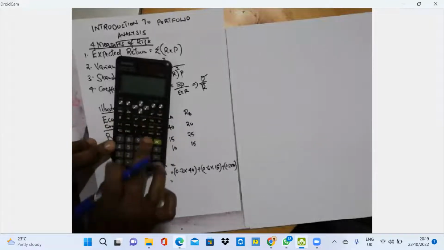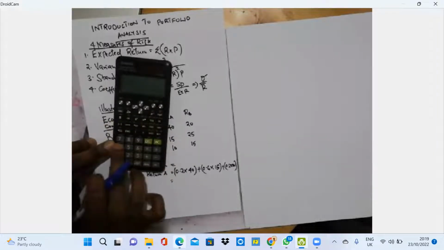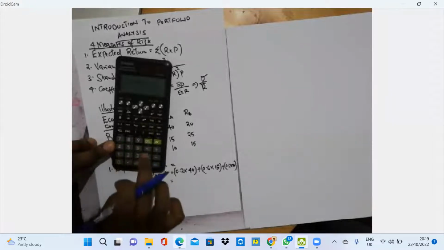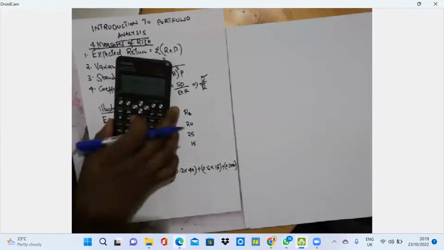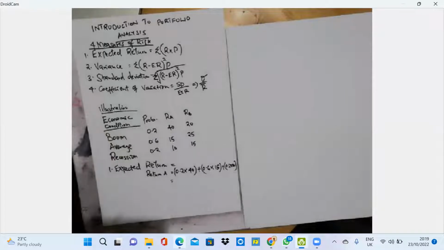So 0.2 times 40 plus 0.6 times 15 plus 0.2 times 10. I'm getting expected return of 19.